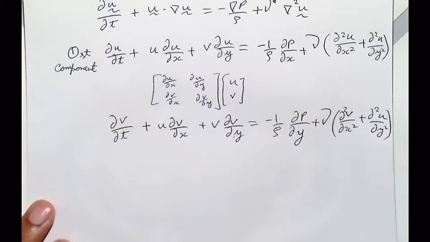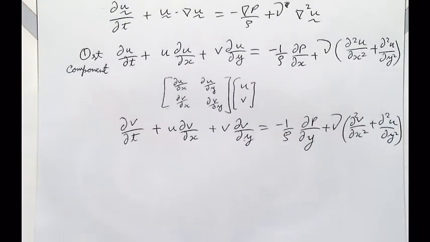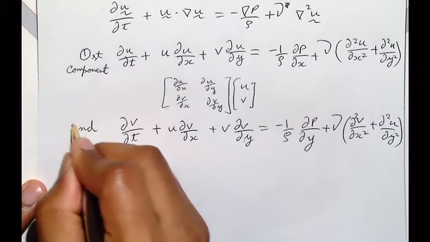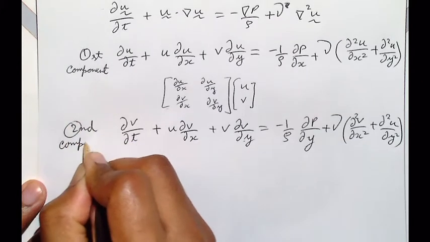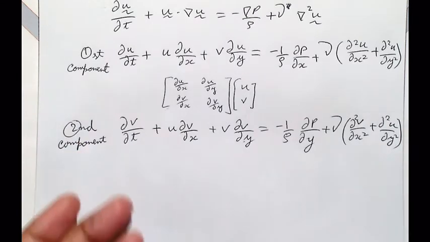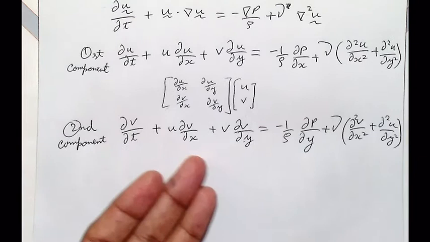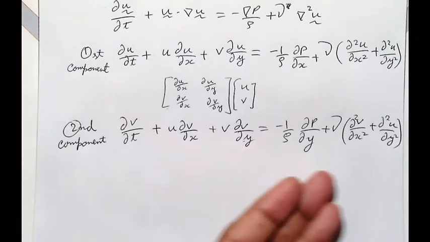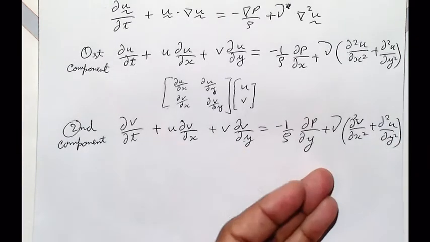So into these, we have these two equations, second component. And from what we have learned up until now, we know that we can start discretizing this. We know how to discretize the time derivative, the convection terms, the diffusion term, and this is a simple first derivative.